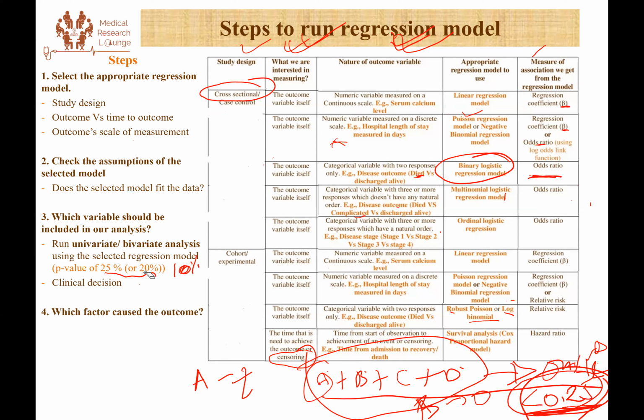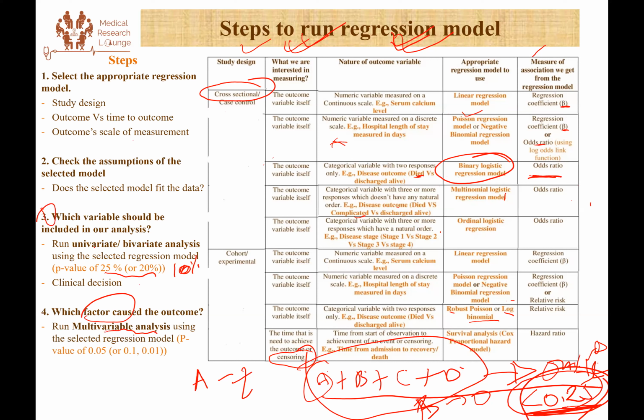So finally, we want to know which factor or factors caused our outcome. That means we are going to run the final regression analysis using the right regression model, what we call multivariable regression analysis. Multivariable means we're including many variables in our study, which are selected based on step 3.